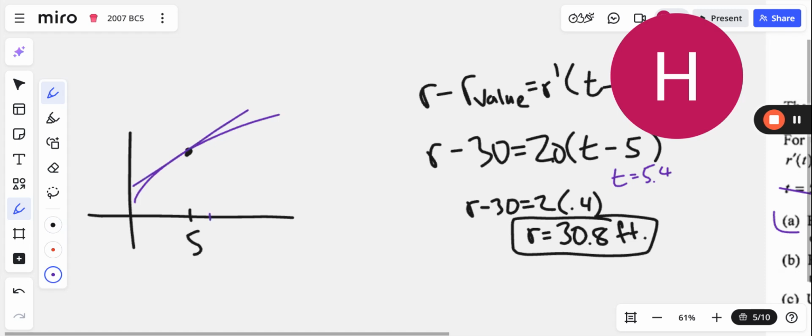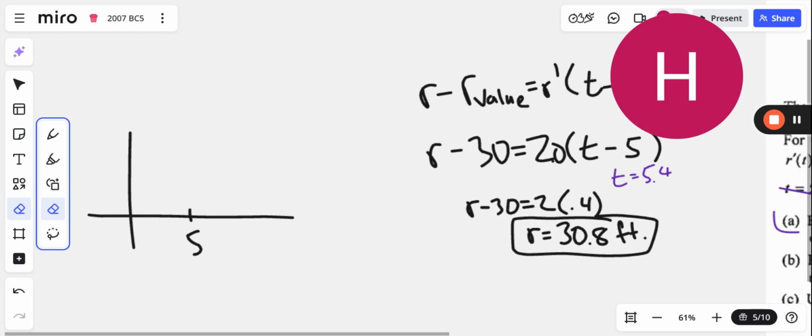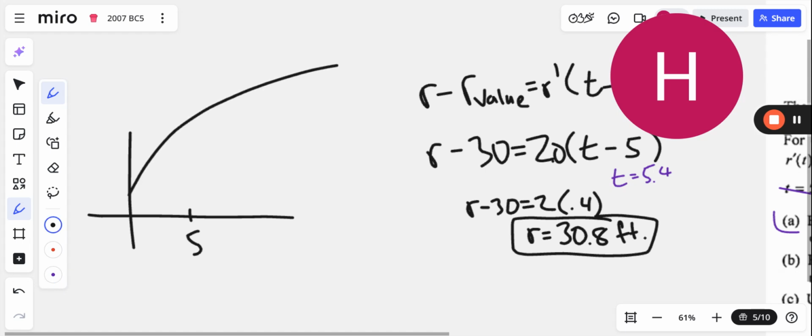But you'll notice that any one of these tangent lines on a concave down function is going to be an overestimate, right? So that's going to overestimate any value further down the line at 5.4.